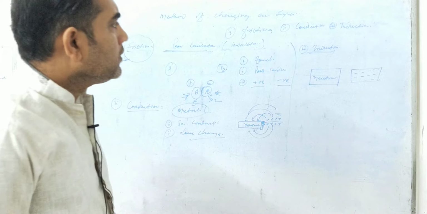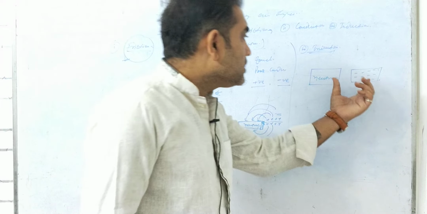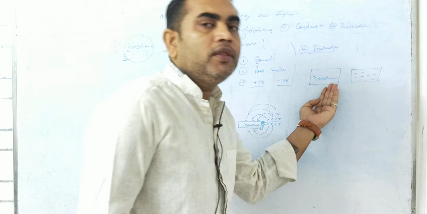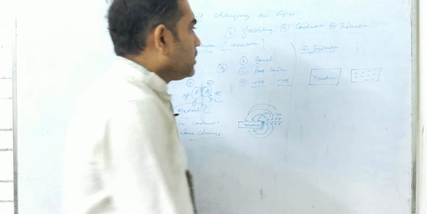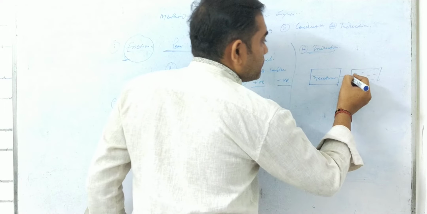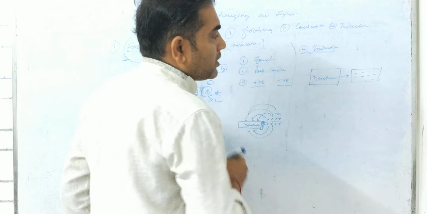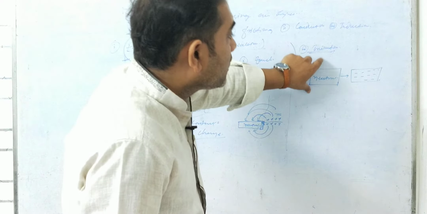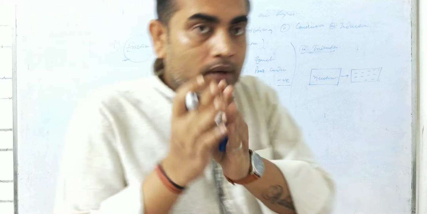In this situation, we do not keep the charged object in contact with the neutral object, but we keep the charged object at a distance from the neutral object, nearer to it but not in contact. Remember properly.